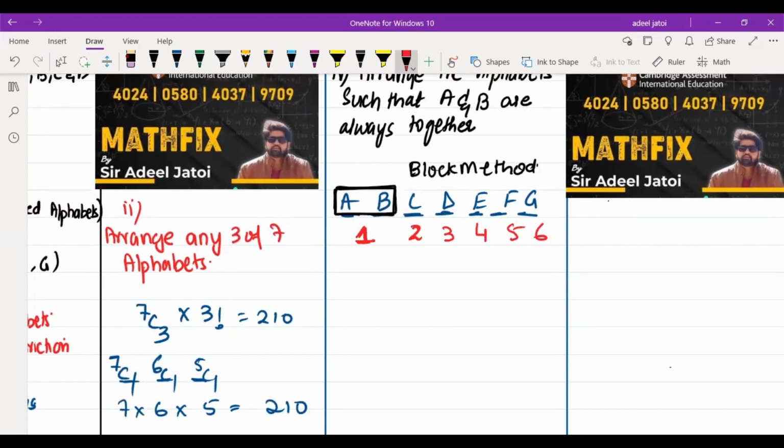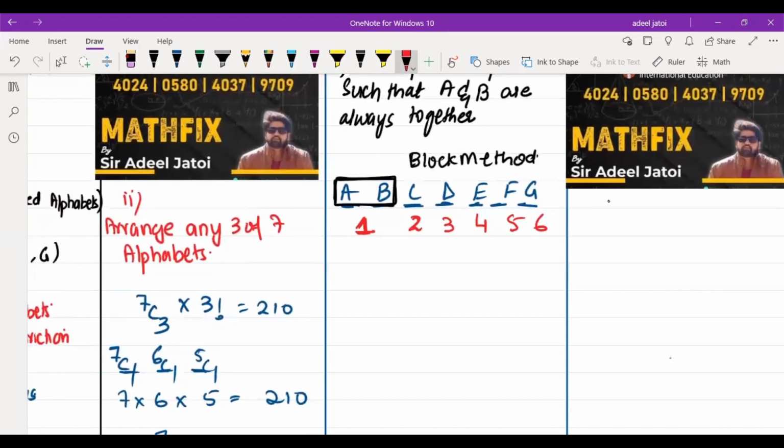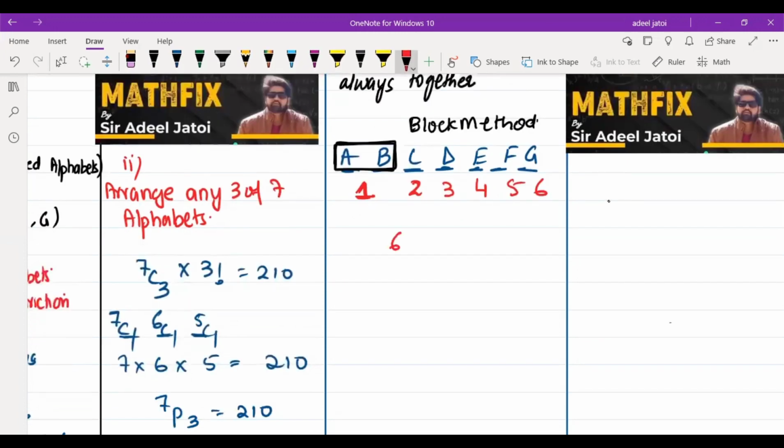In this way, we have 5 alphabets and the 6th one is the block. And all these 6 things are arranging together. So let's just write down 6 factorial. Why are we writing down 6 factorial? Because 6 factorial represents the movement of 5 alphabets and 1 block together.